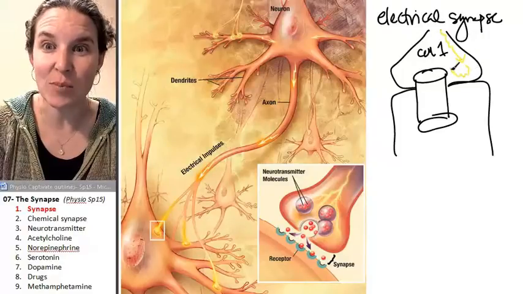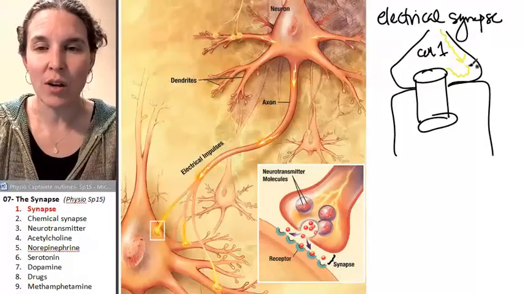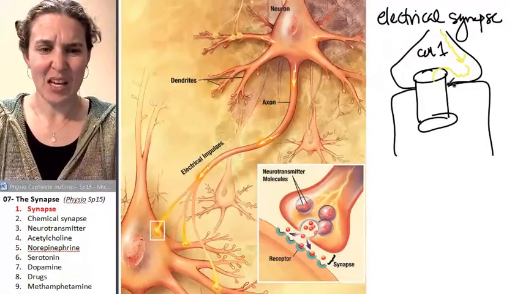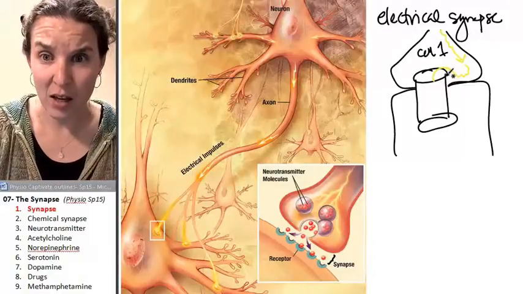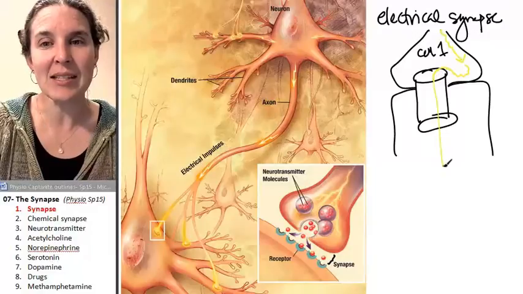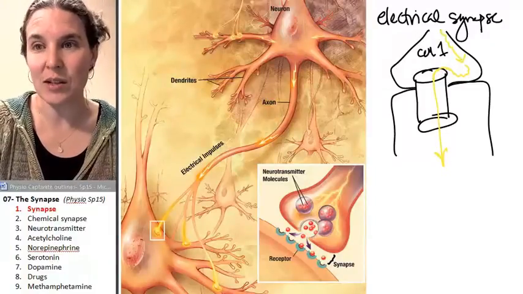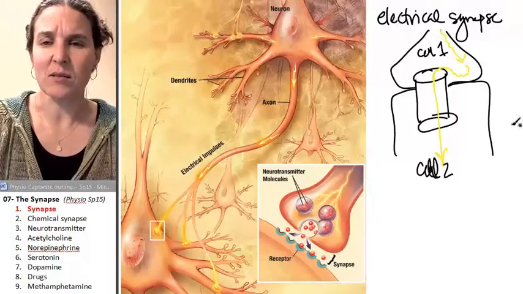Here comes the action potential, the ions moving in and out. And then that electrified, action potential-ified cytoplasm can pass directly through the gap junction and into cell number 2.